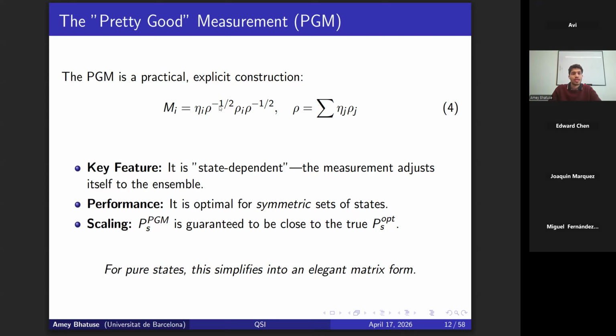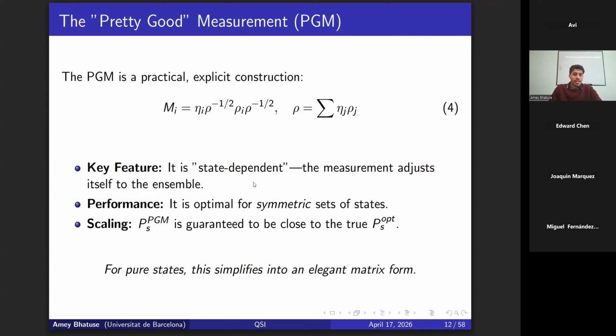If you see, this is rho to the minus half on both sides, so it's like p_i rho_i divided by rho. It's not exactly like that because these are matrices, but for the intuition, you're basically normalizing each of these quantities by dividing by its sum.